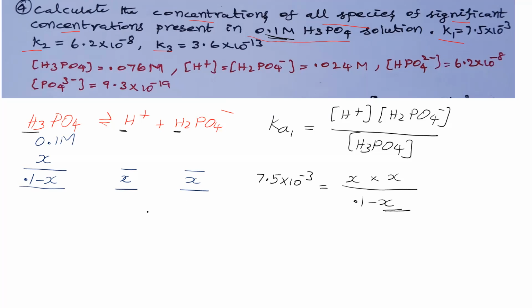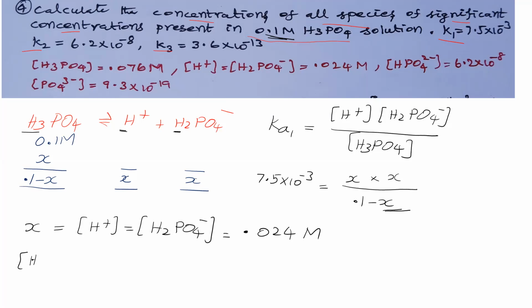We have simplified this, and we are getting x. x is equal to concentration of H plus, and similarly concentration of H2PO4 minus, that is equal to 0.024 molar. Here we have not neglected x, and 0.1 minus x we have taken as it is because the equilibrium constant is 10 power minus 3. Okay, we got x.